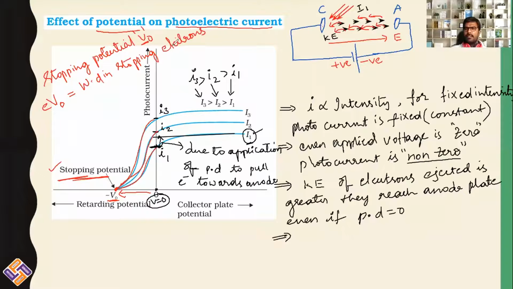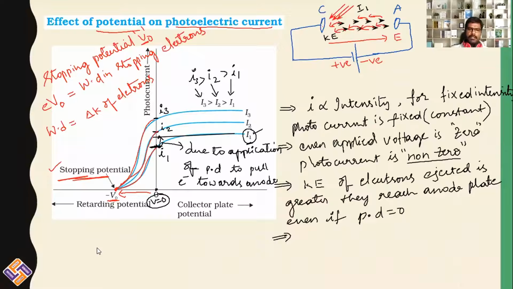Work done in stopping electrons is equal to the change in kinetic energy of the electrons. With whatever kinetic energy an electron comes, an equal amount of work is done by the potential difference to stop it.